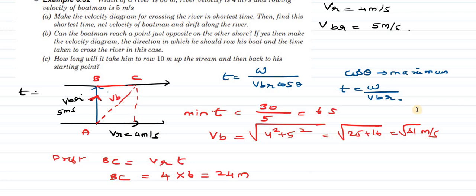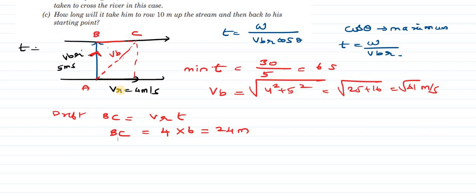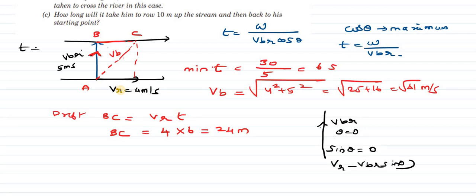I think this one you have not understood. For shortest time, the velocity of boat with respect to river is this way. That time theta has to be 0. Theta is 0 means sin theta is what? 0, right? So that's why drift is VR minus VBR sin theta into T. Correct? So here sin theta is 0. VBR into 0 is 0.